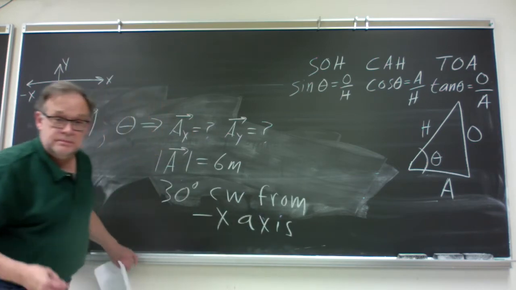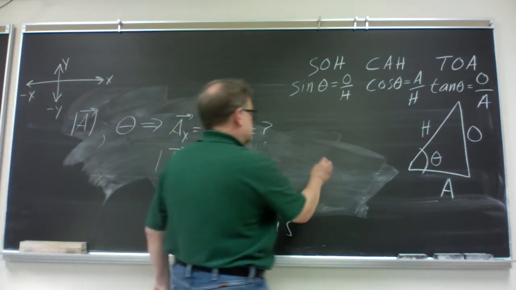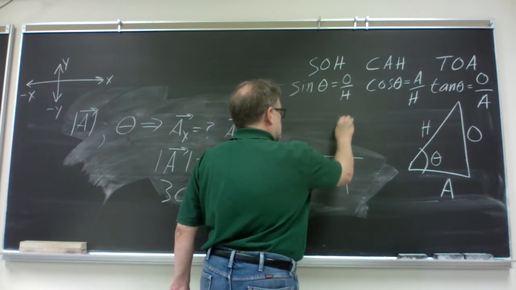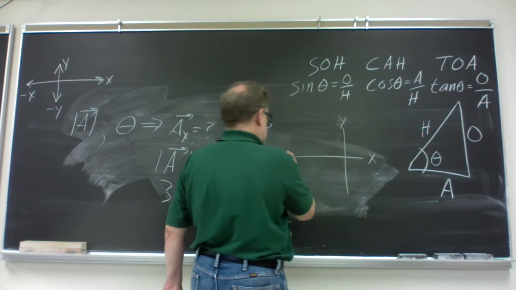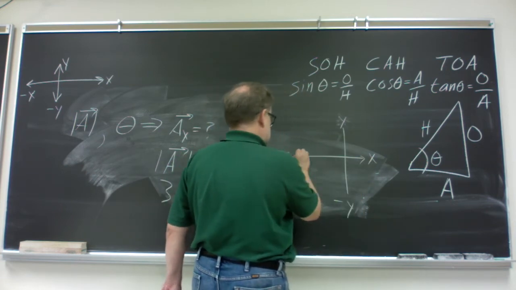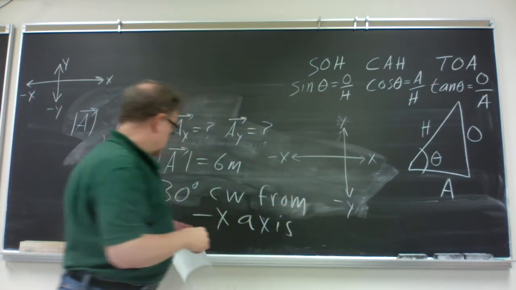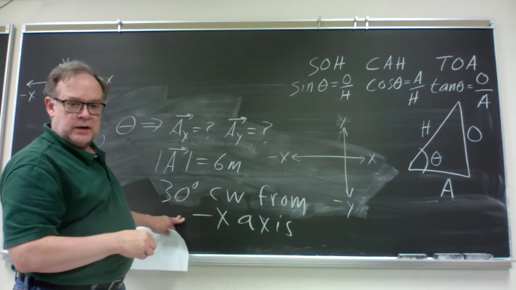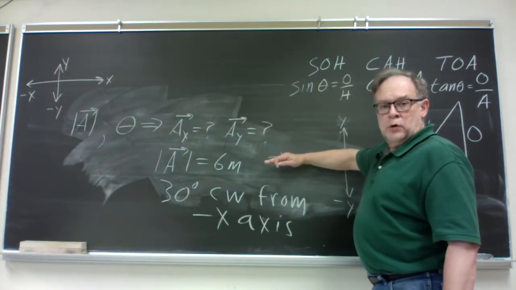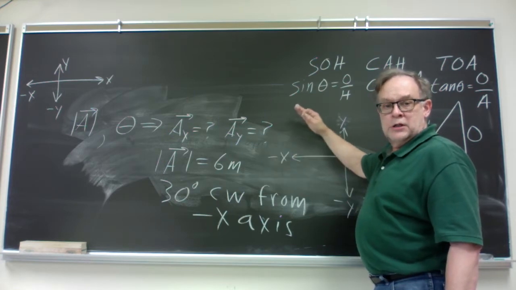Okay, so let me draw a picture to make clear what that means. So 30 degrees clockwise from the negative x-axis means point along the negative x-axis and then rotate 30 degrees clockwise.